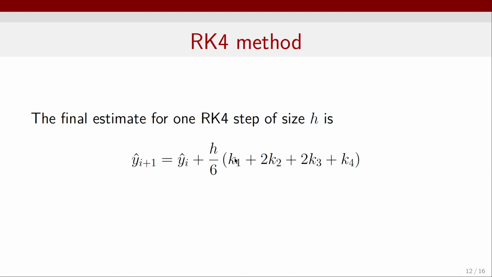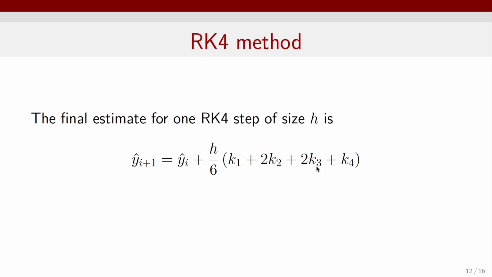And these terms are weighted. So each of those is a slope estimate, and the terms in the middle are counted twice. So they have twice their weight. So overall we have 6 slope estimates, so we average that as 1/6.